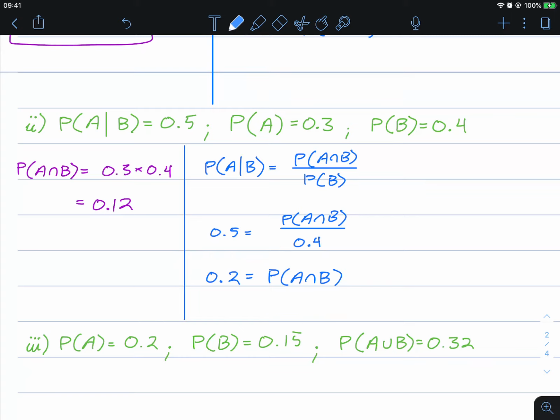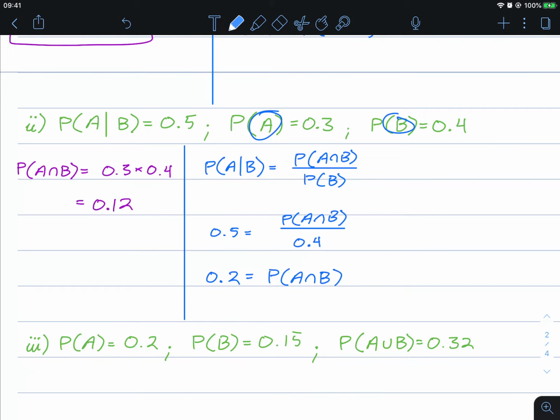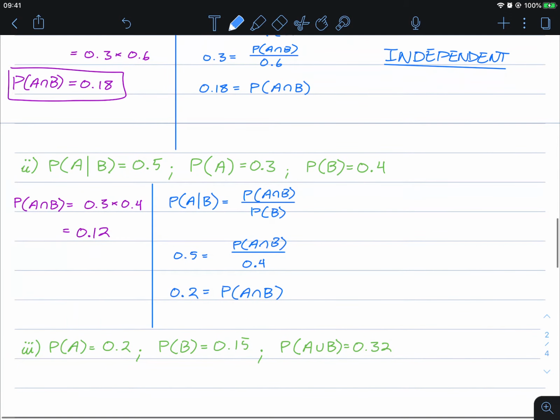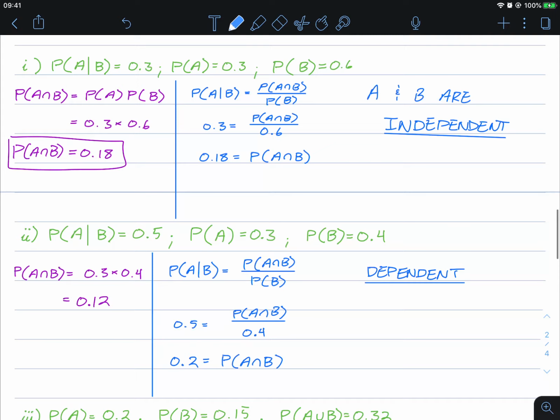Therefore, in this condition here, A and B are not independent, so we can say that A and B are dependent. And there we have it. So I hope you get the idea of what we are working with.